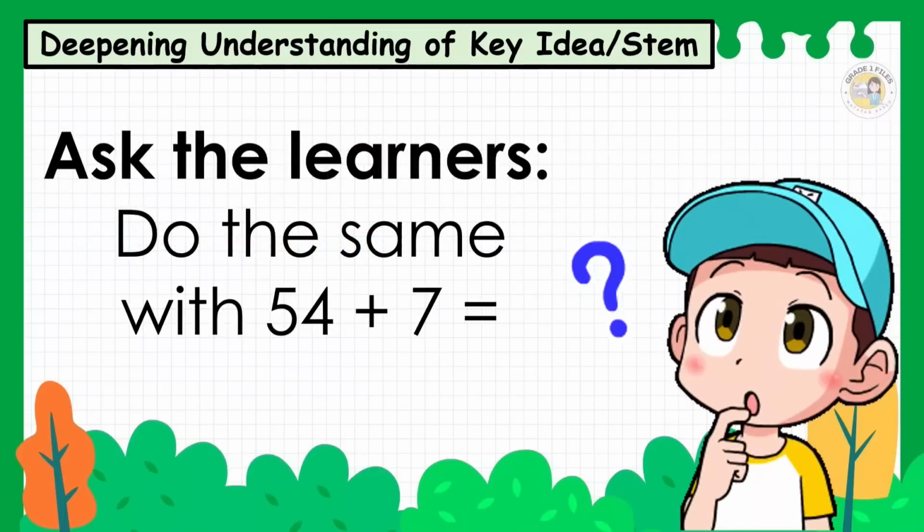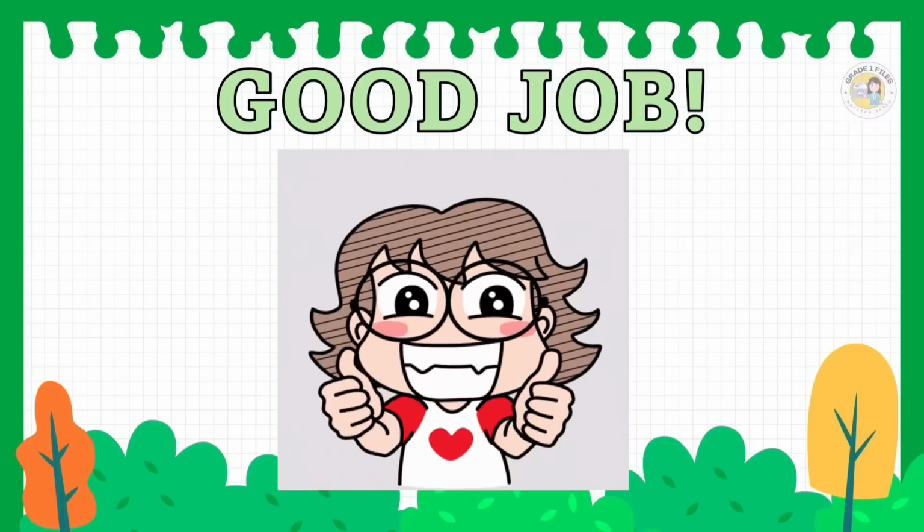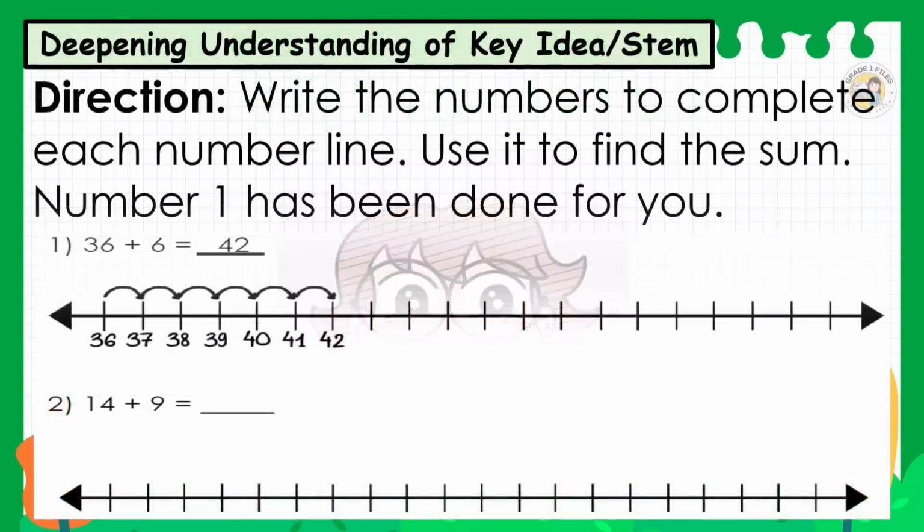Do the same with 54 plus 7. Now, write the numbers to complete each number line. Use it to find the sum. Number 1 has been done for you.